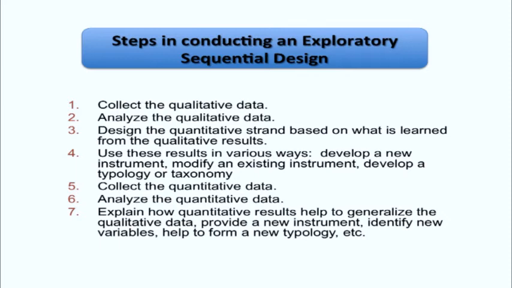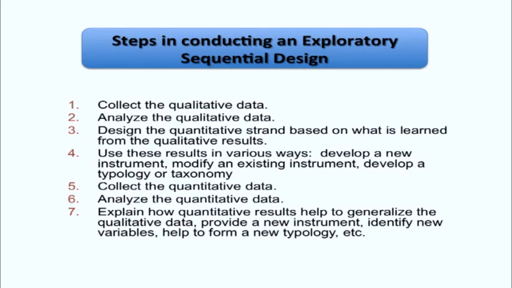And then in the final stage, collecting the quantitative data to test out this instrument. I'll use an instrument here as an example, and then analyze the data, and then explain how the quantitative results really help to understand not only the qualitative themes at the beginning, but also provide a better instrument, a more useful intervention approach, a more useful typology.